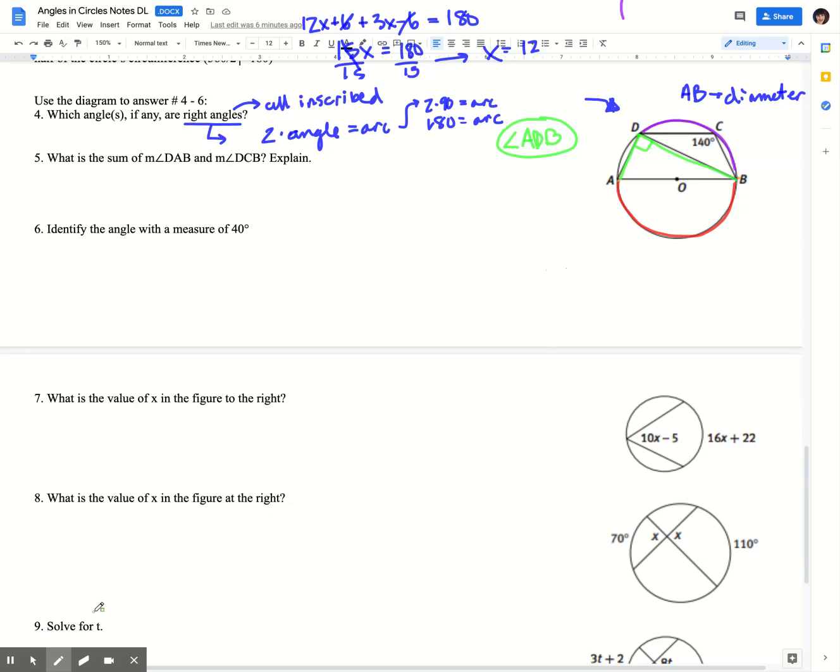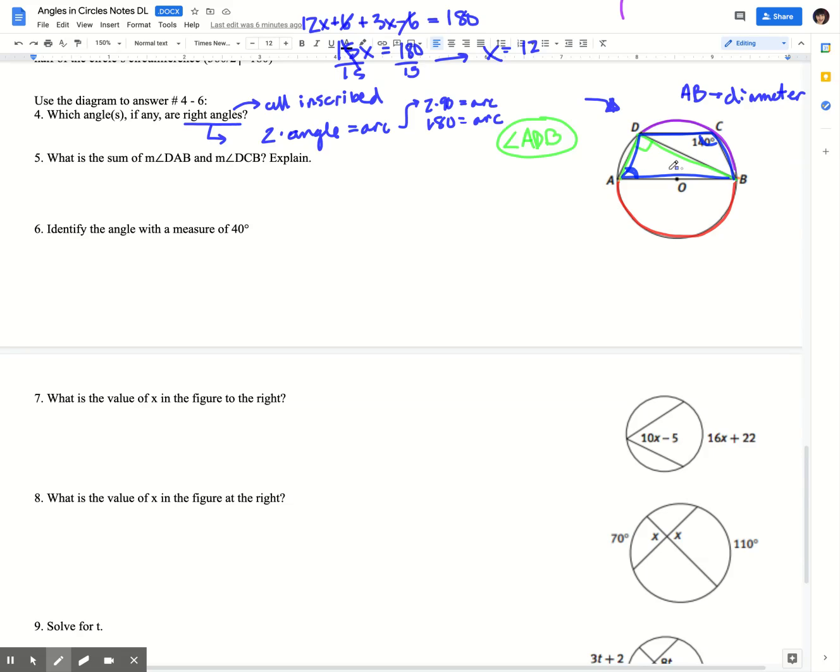Okay, so looking at the next one, it asks, what is the sum of DAB and DCB? So I need to figure out where those angles are. Remember, start with the first letter and then follow the way that the angle is written in order to figure out where that angle actually is. So DAB is this angle right here, and then DCB is this angle right here.